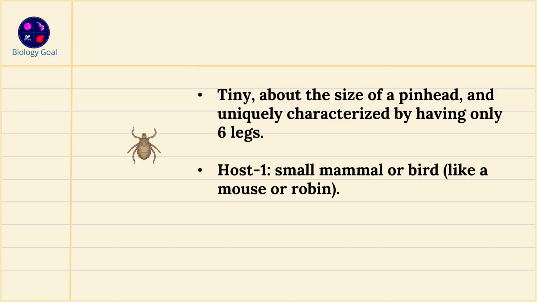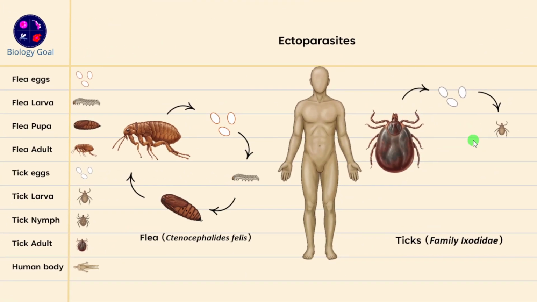The first host it will have can be a bird, a mouse, or a small mammal. Usually larvae just climb on these hosts and start using them for their growth and feeding. They can feed for several days, and then drop off into the environment and molt into the next stage, which is nymphs.